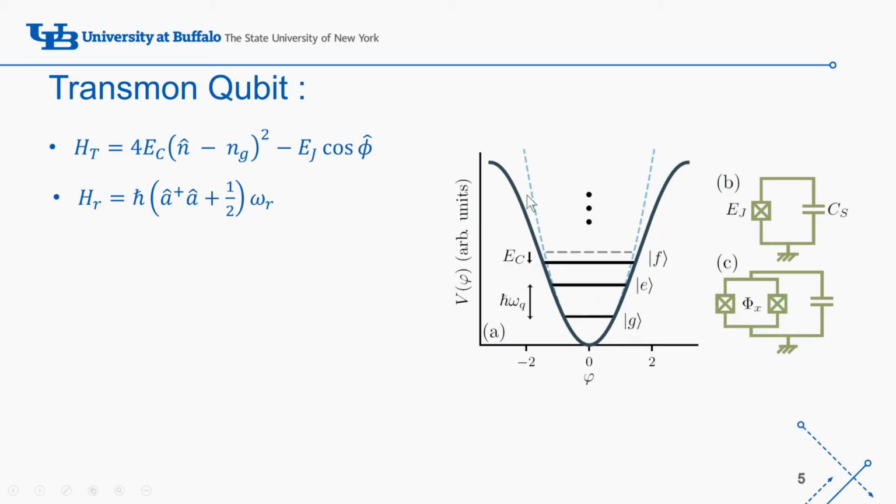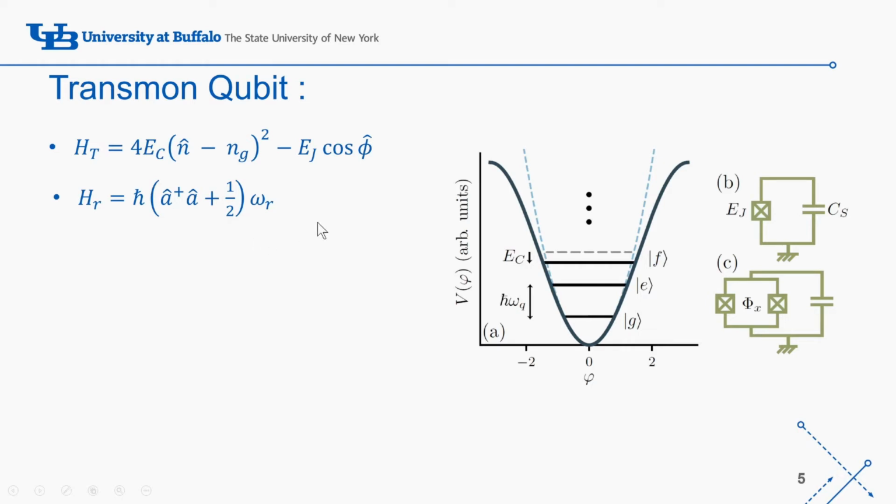And the black curve here is for the Transmon. One specific thing that you can see over here is that the energy difference between levels is changing as you go higher. That's the reason we call it an anharmonic oscillator. So these two potentials tell us the difference between the Transmon and the cavity.